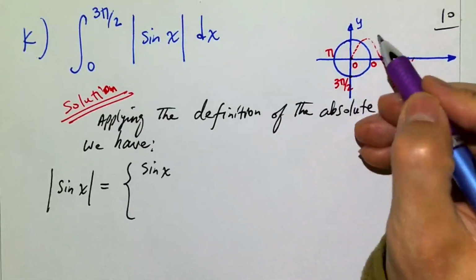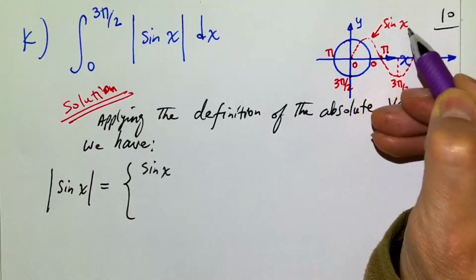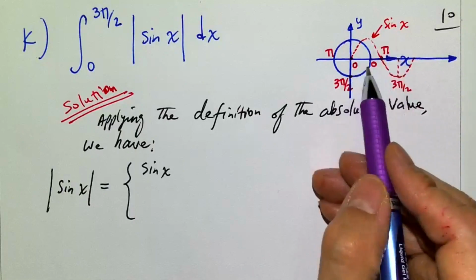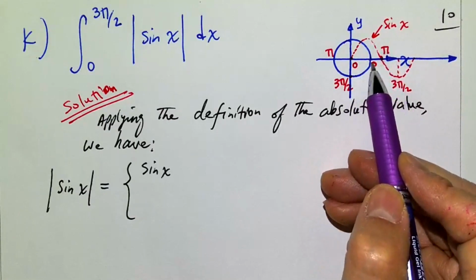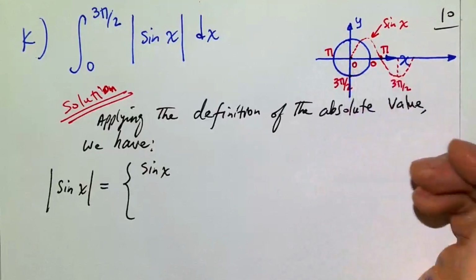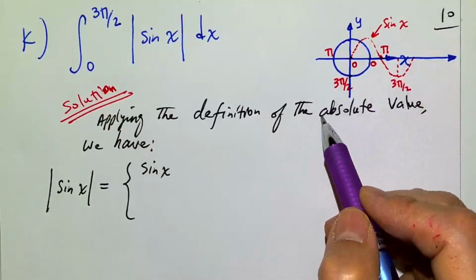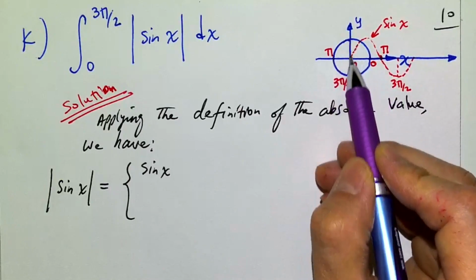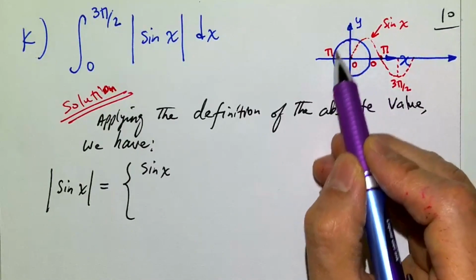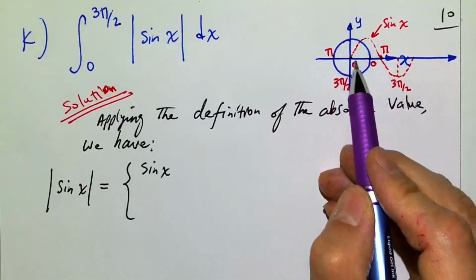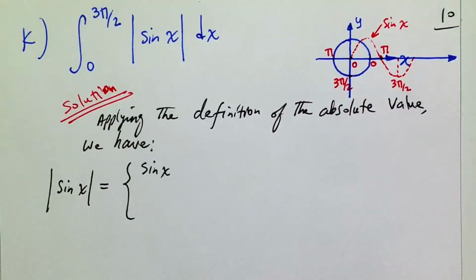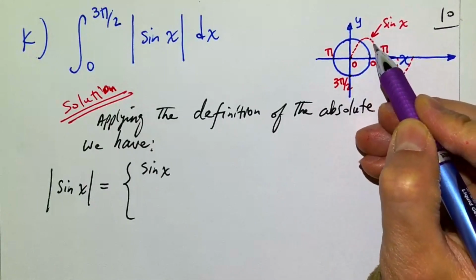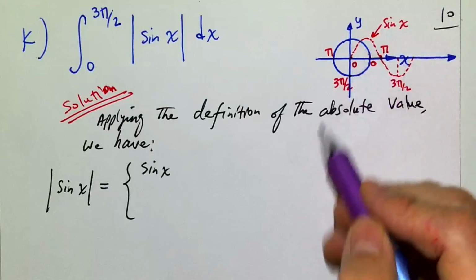So sine of x, you can think of it as that circle too. The wave and the circle both work, but I think the wave would be more appropriate here. From 0 to pi, the sine function, which is along the y-axis, is positive, right? If you look at the wave, from 0 to pi we are above the x-axis, which means the sine function is positive.